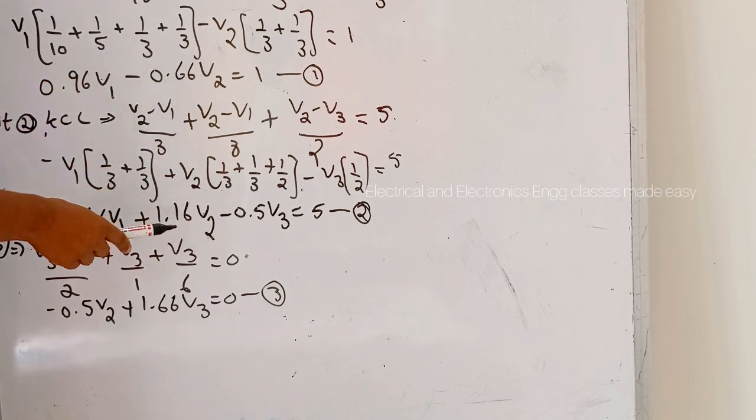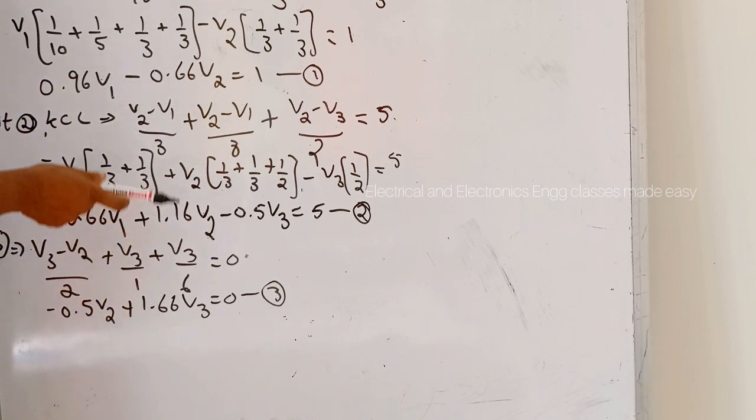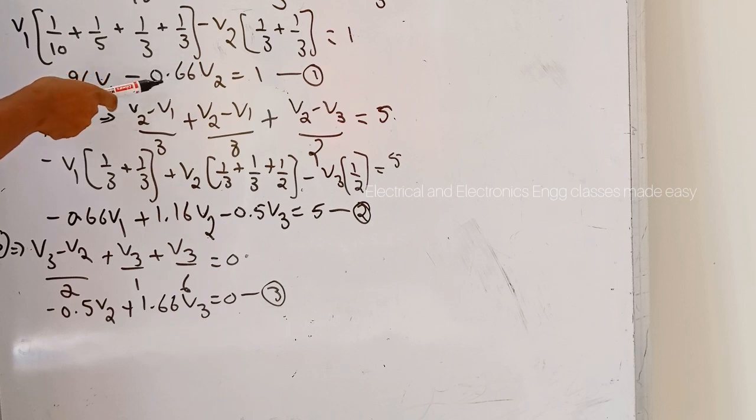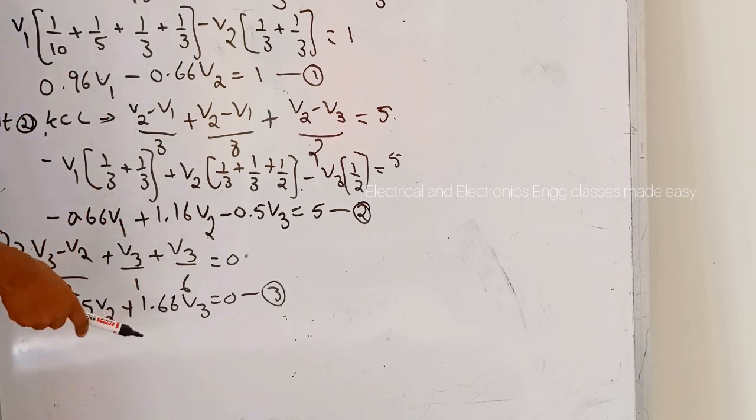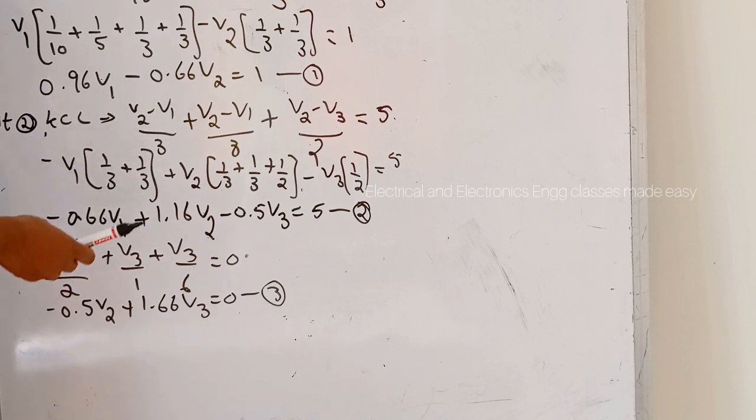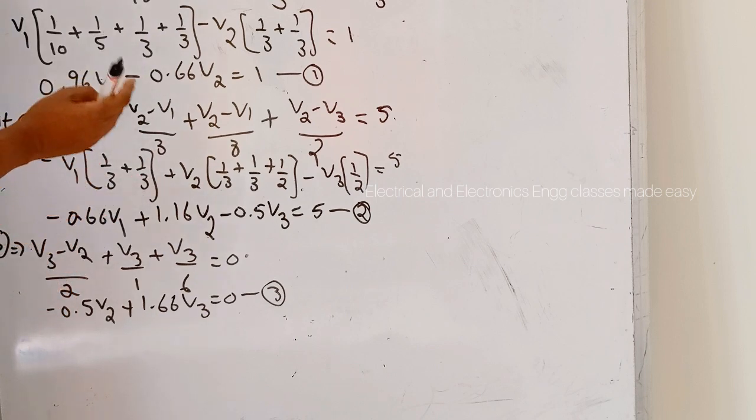So we get three nodal equations, and by solving these three equations we can find the values of V1, V2 and V3, and that is the question. So either we can go for Cramer's rule or let us do it in the calculator.